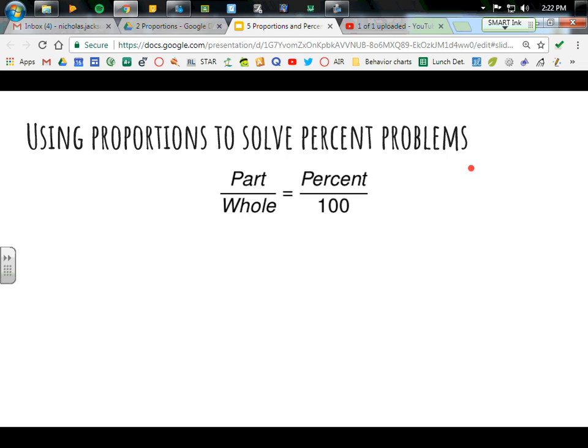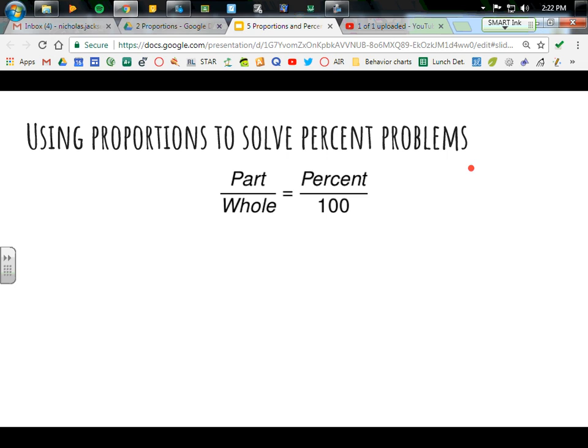The first ratio will be the smaller part you have over the whole thing. So in the example I just came up with, 75 would be the part, and 100 would be the whole. Although that's not a great example because it's already out of 100. So let's think of something else.